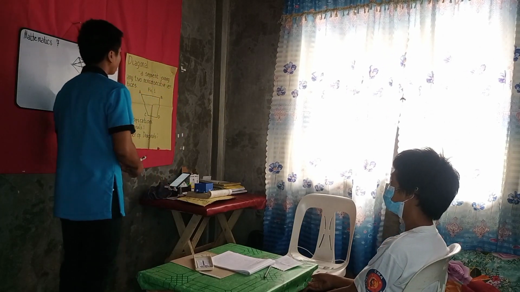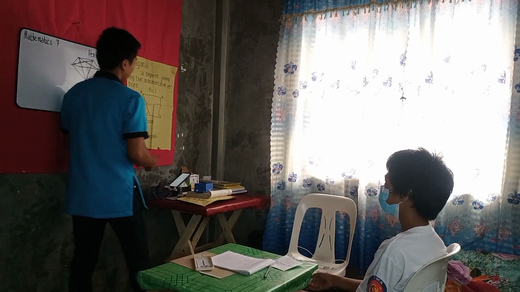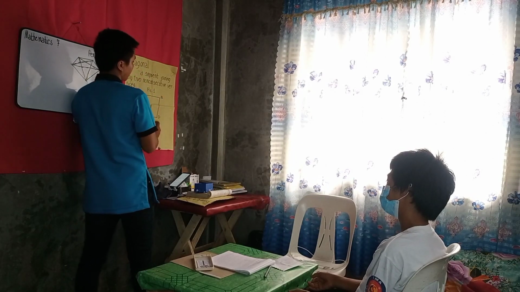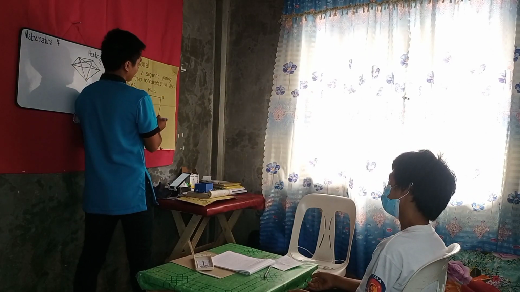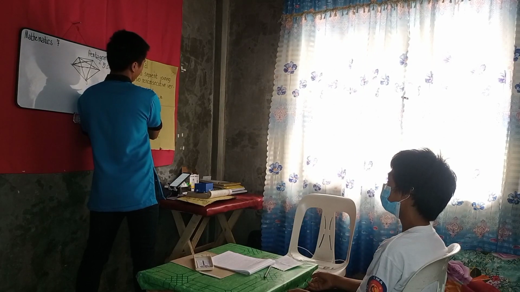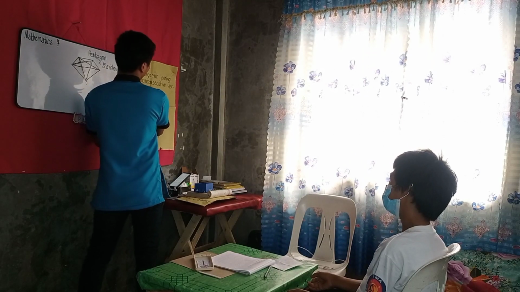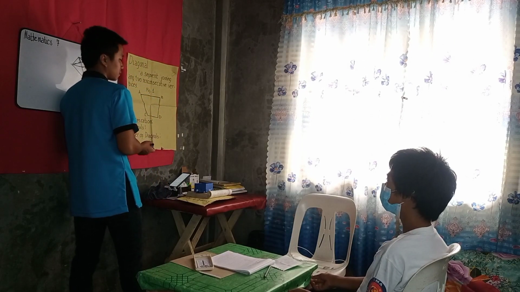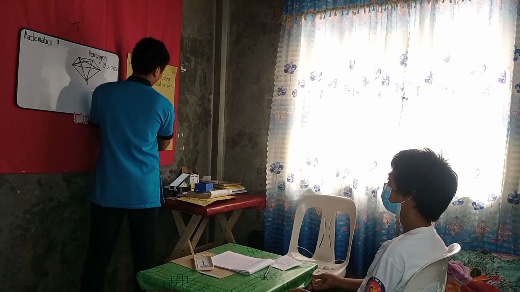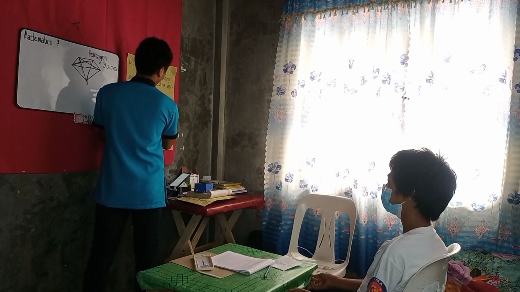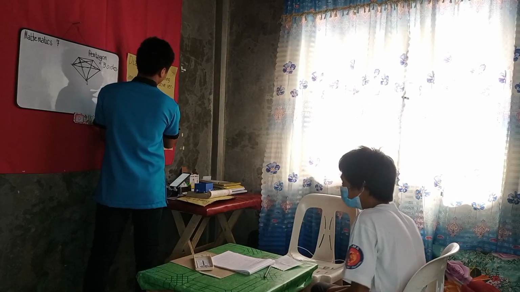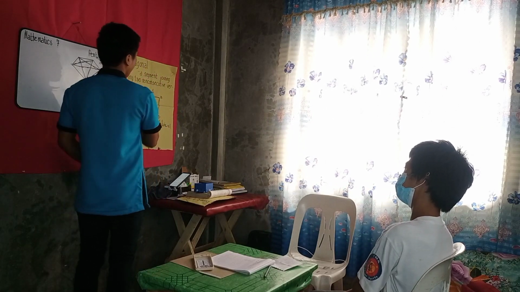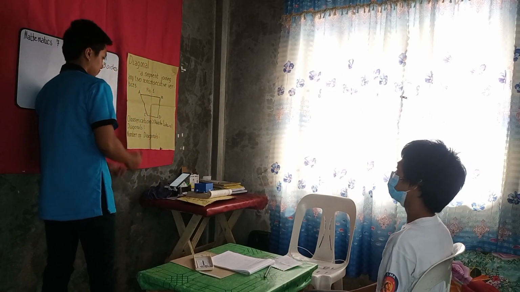Take a look at our figure 1. Anong polygon siya? Sir, yung apat na side. Anong polygon ang may apat na side? Sir, quadrilateral. It is a quadrilateral. Ilan ang diagonals ng quadrilateral?